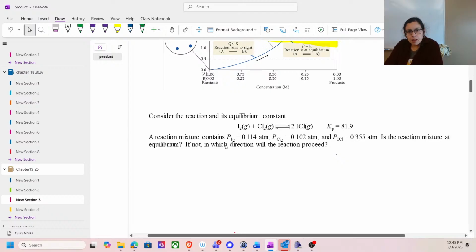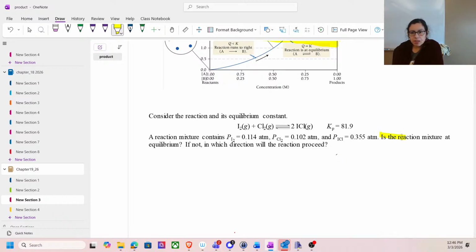Our reaction mixture gives us these concentrations: 0.114 atm of iodine, 0.102 atm of chlorine, and 0.355 atm of iodine monochloride. It wants us to determine whether our reaction mixture is at equilibrium, and what direction it will proceed. Try that for a minute or two, and then we'll go over it together.